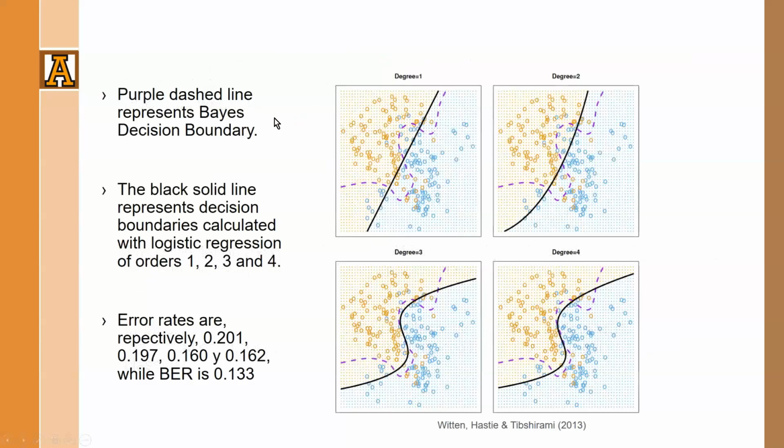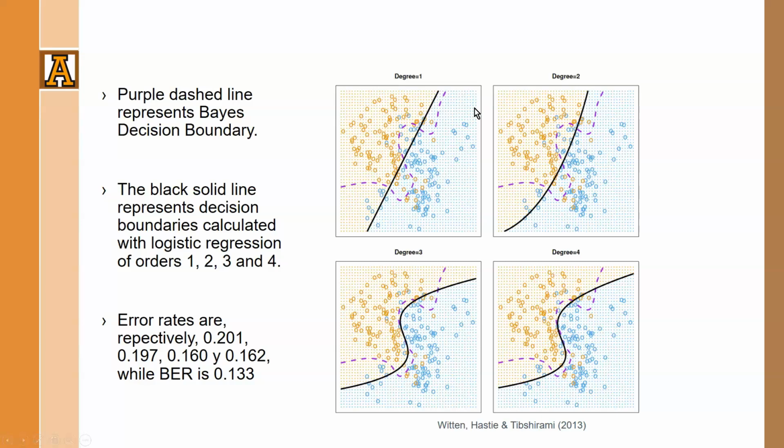See here, in these examples, the purple dashed line is the Bayes decision boundary, the same we had earlier. The black solid line represents the decision boundaries calculated with logistic regression of degrees 1, 2, 3, and 4.